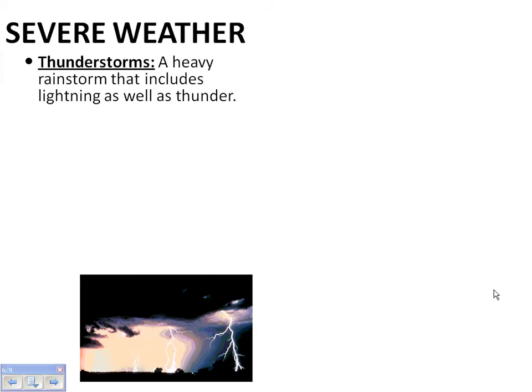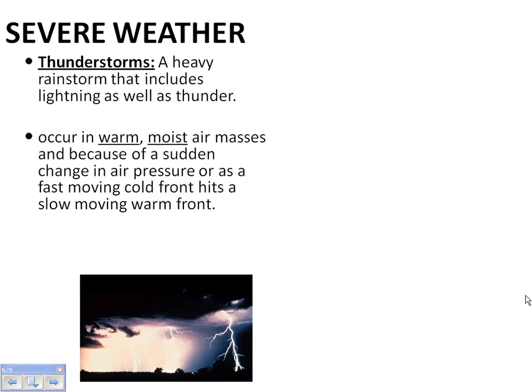Severe weather is in the form of thunderstorms, which is a heavy rainstorm that includes lightning as well as thunder. Thunderstorms occur in warm, moist air masses and because of sudden changes in air pressure, and as a fast-moving cold front hits a slow-moving warm front.